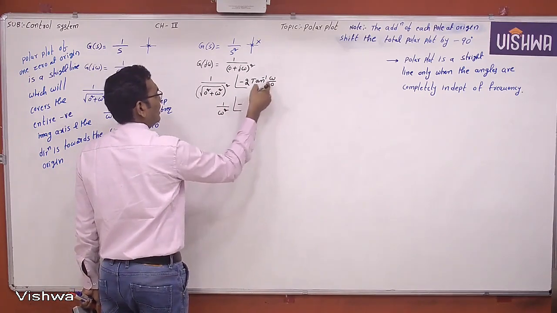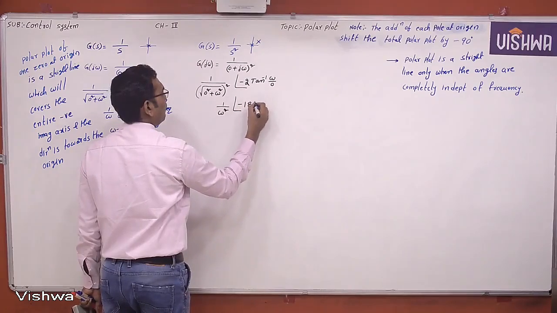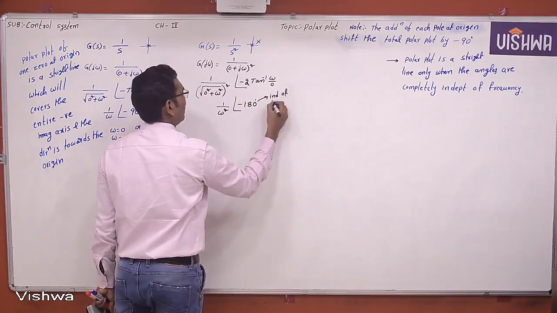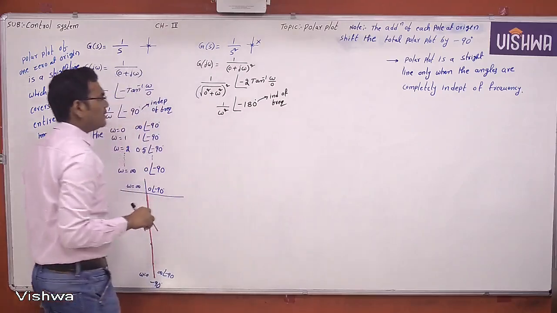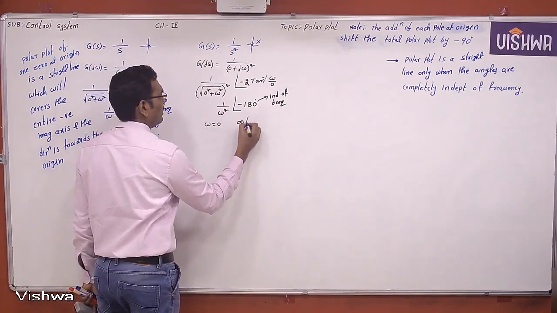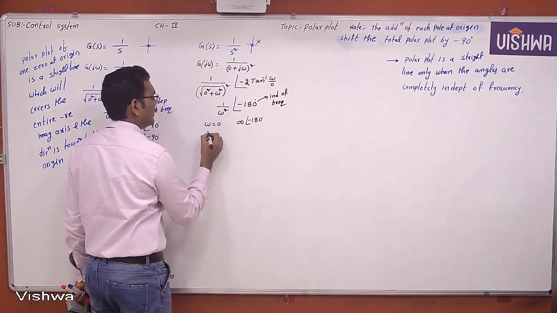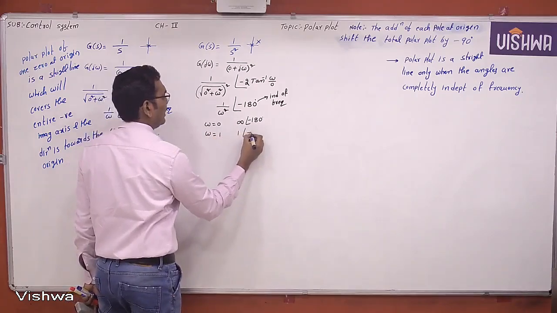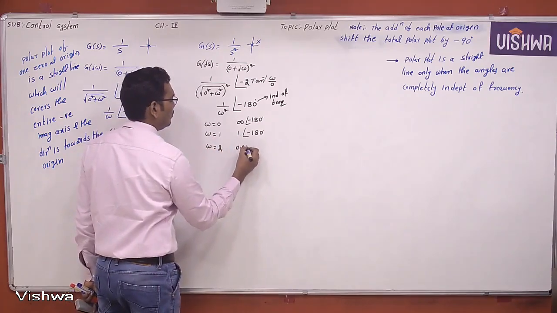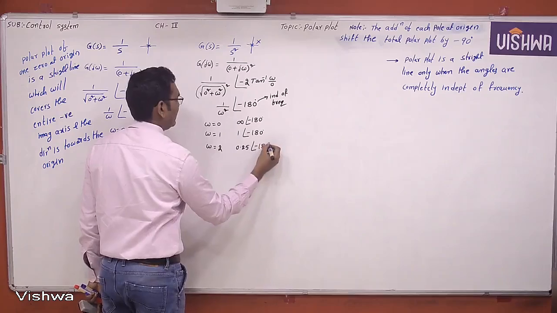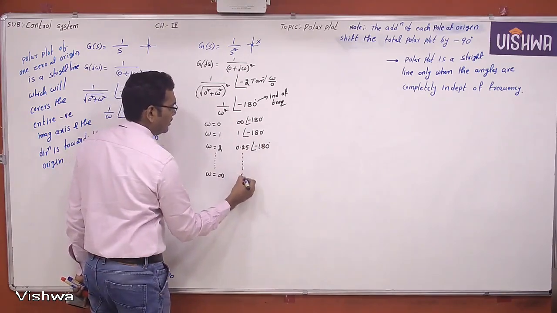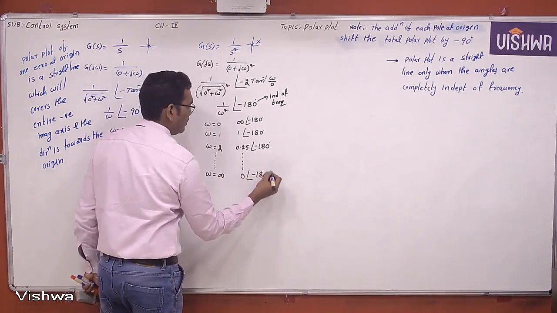Phase angle is minus 2 times tan inverse infinity, which is minus 180 degrees, independent of frequency. When omega equal to 0, infinity at angle of minus 180 degrees. When omega equal to 1, 1 at angle of minus 180 degrees. When omega equal to 2, 0.25 at angle of minus 180 degrees, and so on. When omega equal to infinity, 0 at angle of minus 180 degrees.